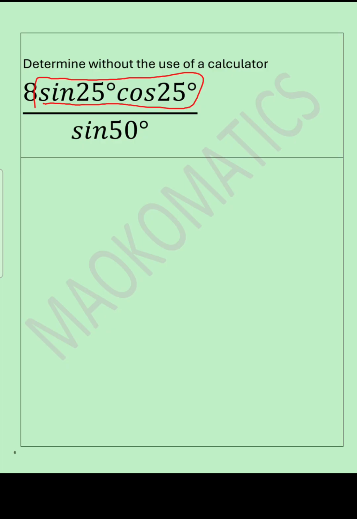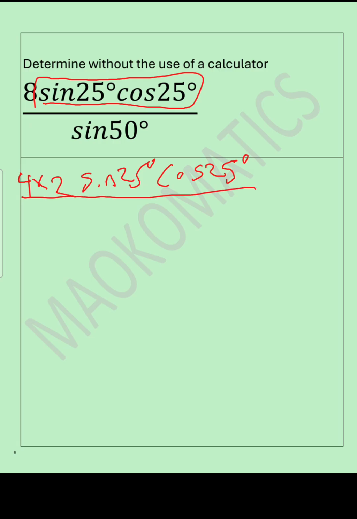So it is actually 2 sine 25 cos 25 degrees. But we know that in front here there is 8, which means the 2 was multiplied by 4 to form that 8. Then over sine 50.